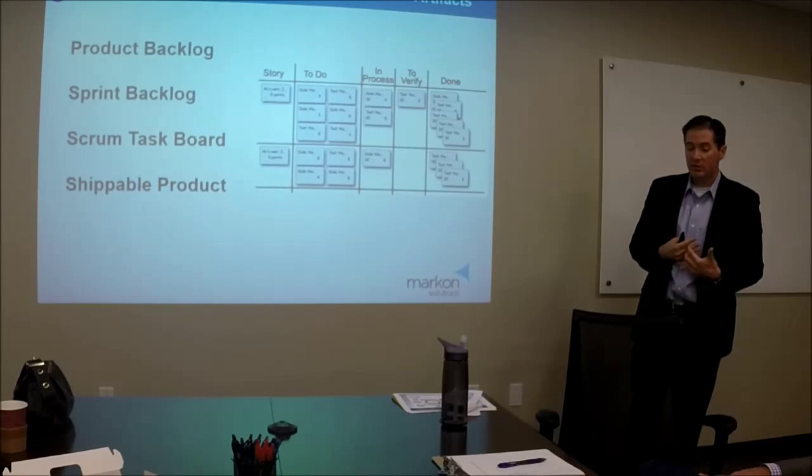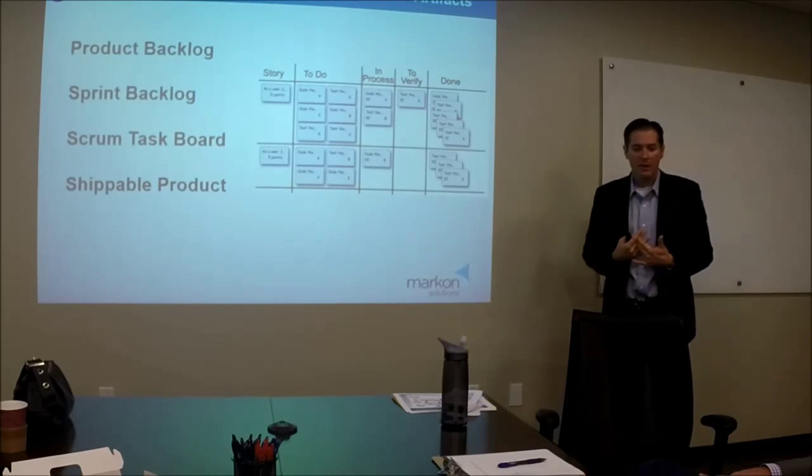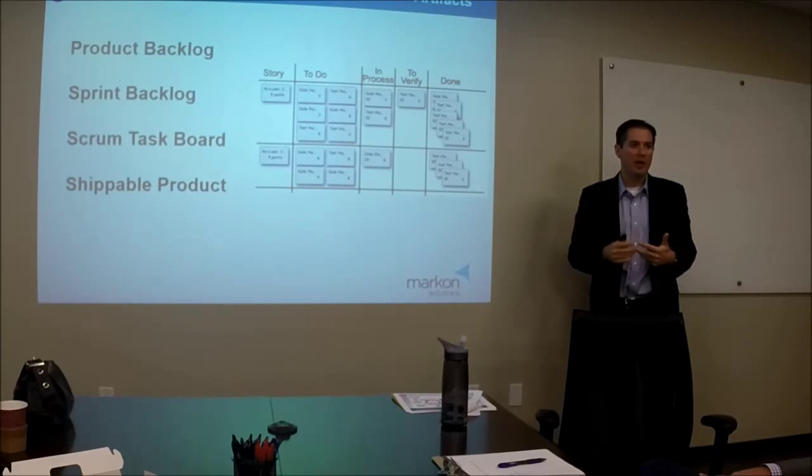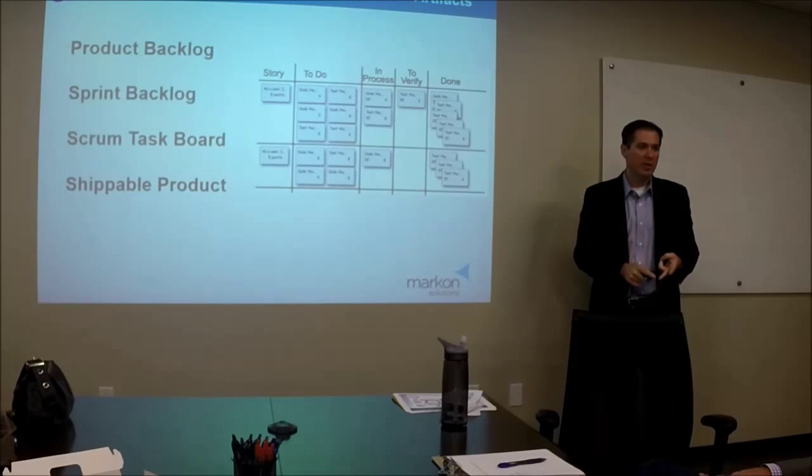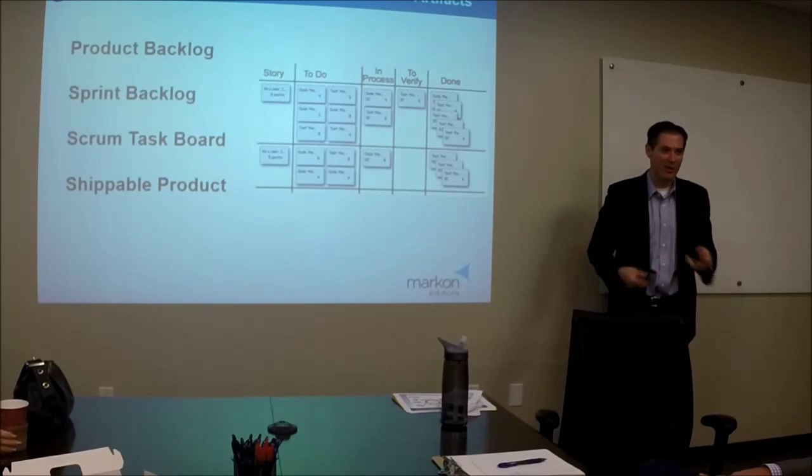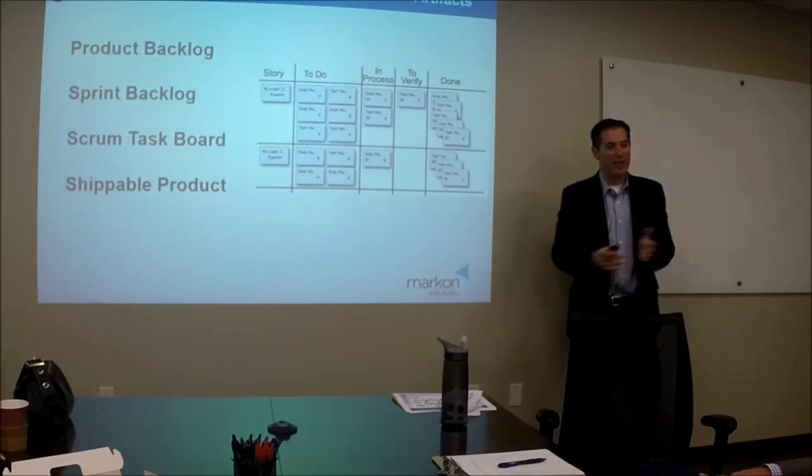In Agile, if you think about it from a concept level, work can only be in 3 categories. It can be something you have to do, something you're currently doing, or something that's done. There's really no other categories. We could start saying there are other categories, but they're just flavors of those things.